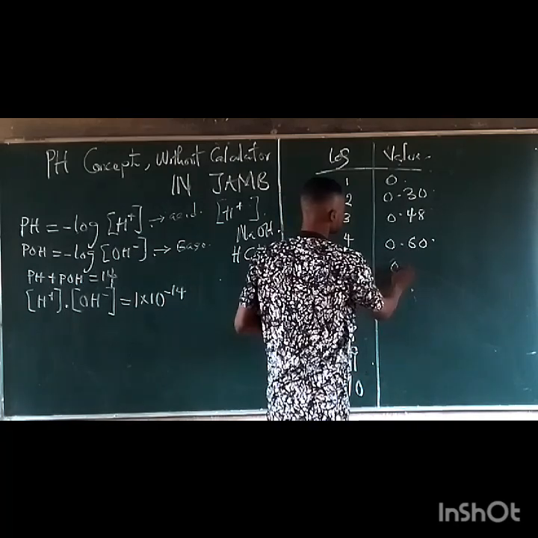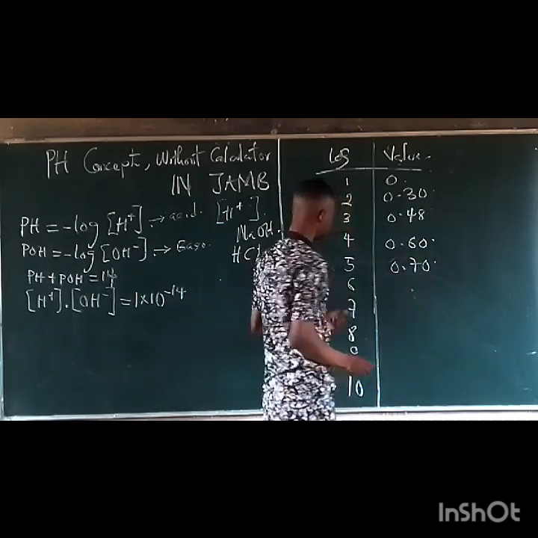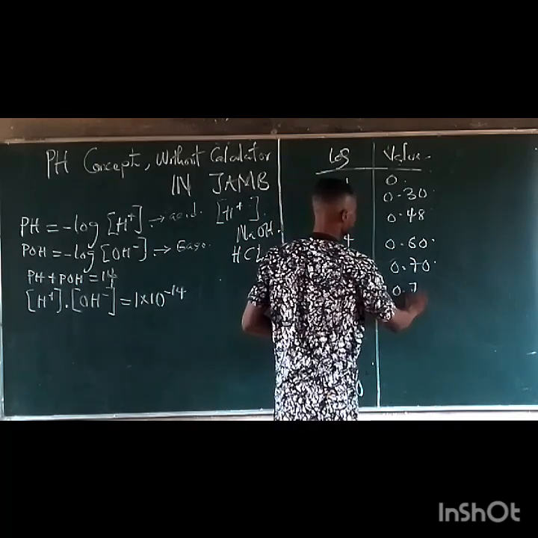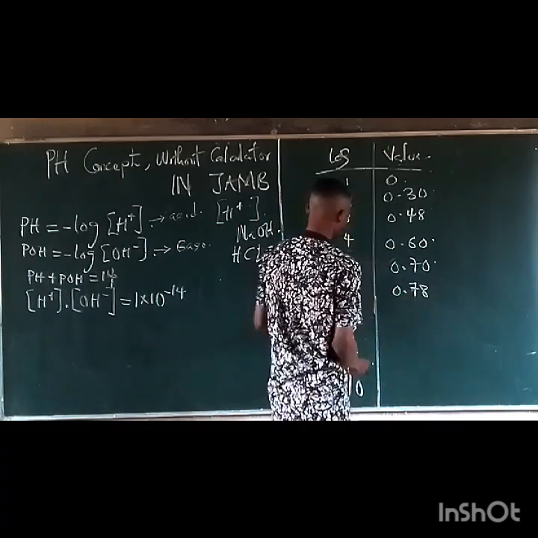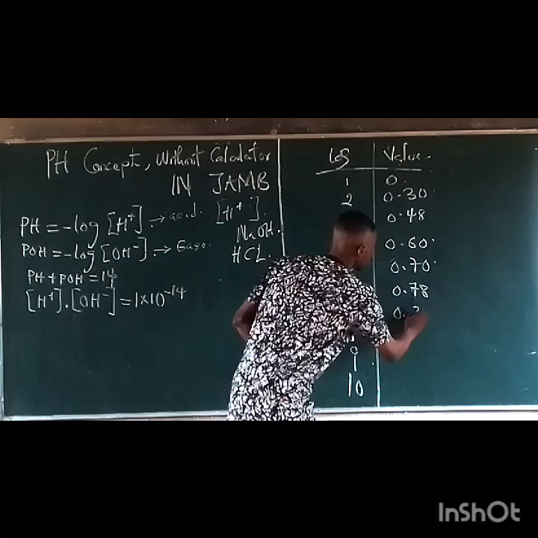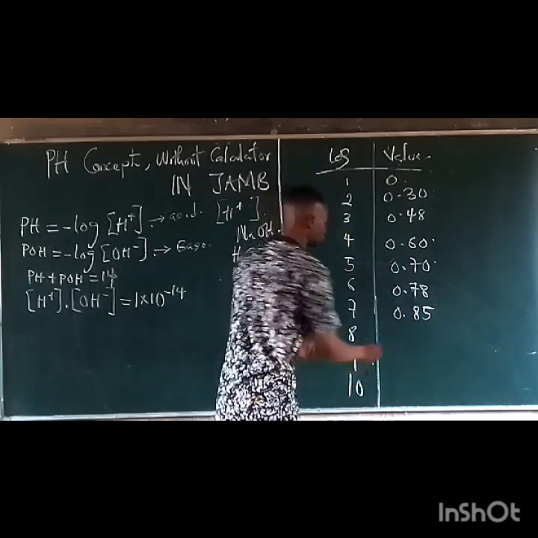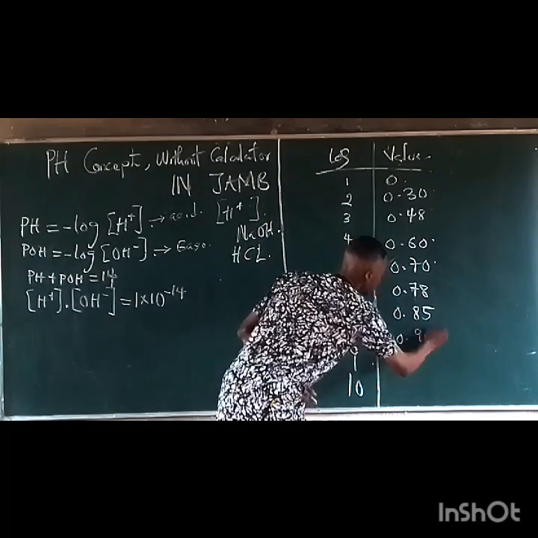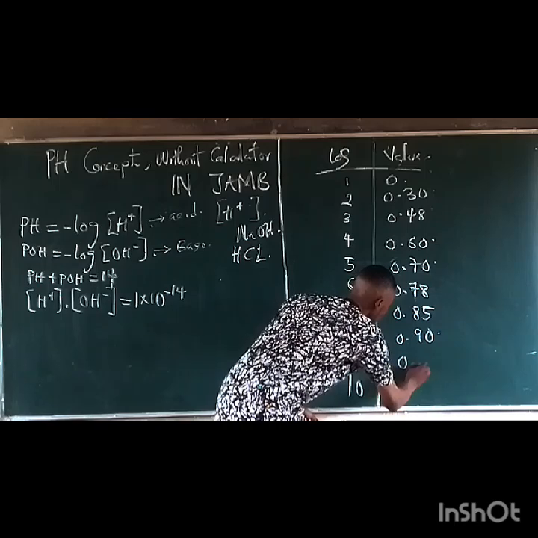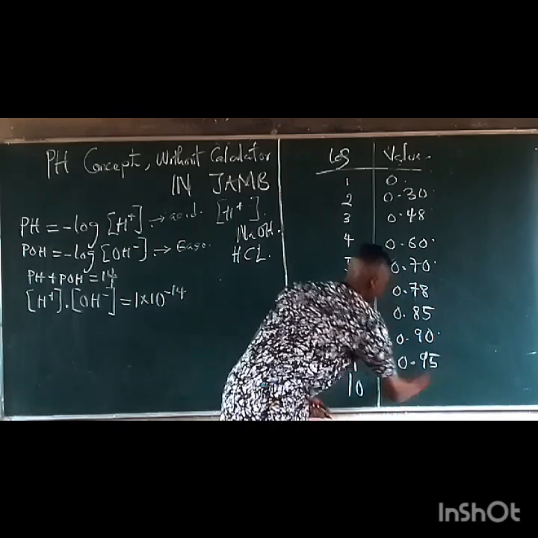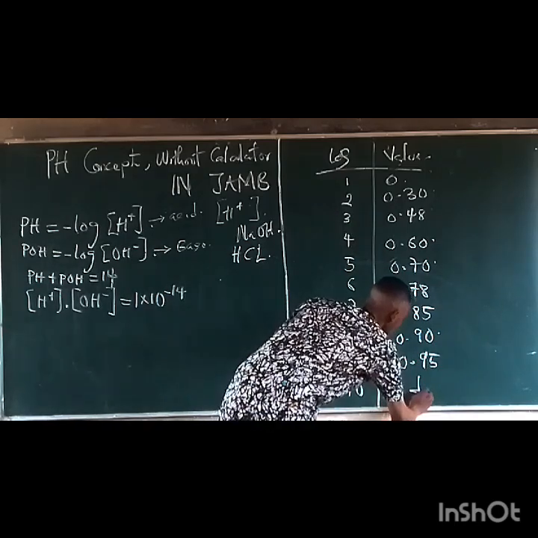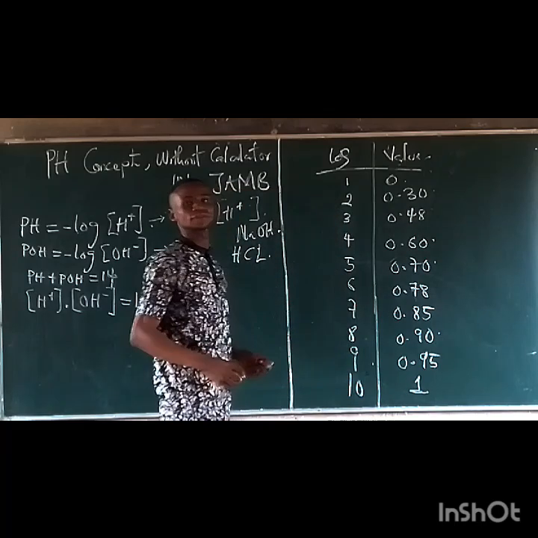Log 5 will give you 0.70. Log 6 will give you 0.78. Log 7 will give you 0.85. Log 8 will give you 0.90. Log 9 will give you 0.95. And log 10 will give you what? 1. Can you see?